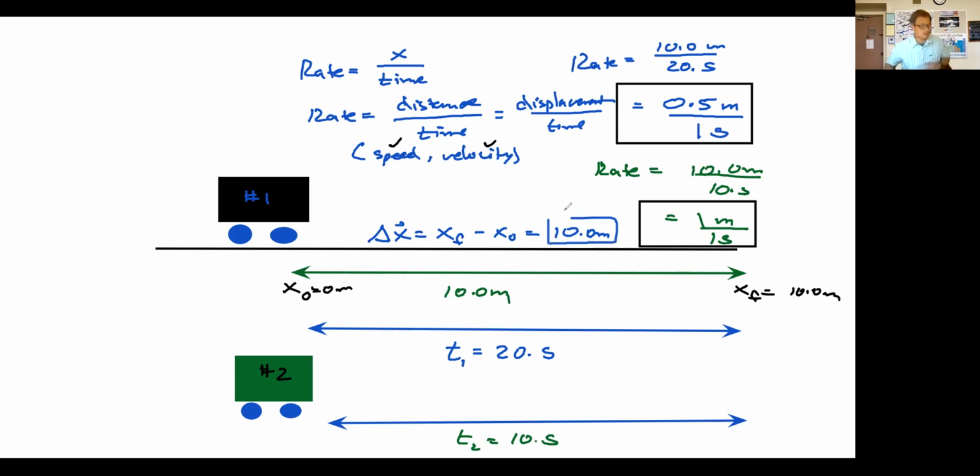Okay. So that's what we do to find the rate at which these cars travel. And what we're going to be doing when we talk about kinetics and chemical kinetics is something very similar. But this time we're going to be analyzing different reactions, and we're going to compare them in order to determine how fast or how slow the reactions are occurring.